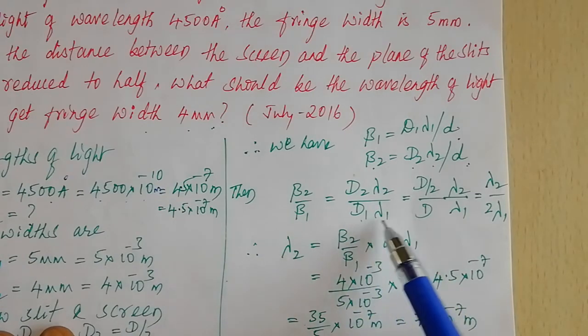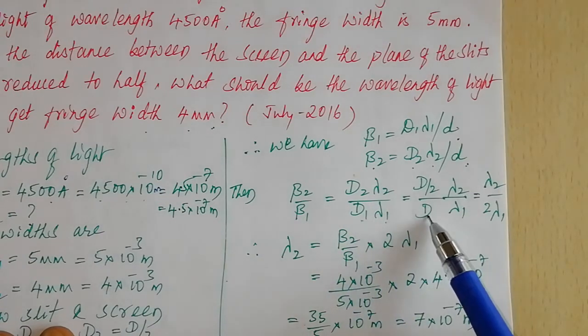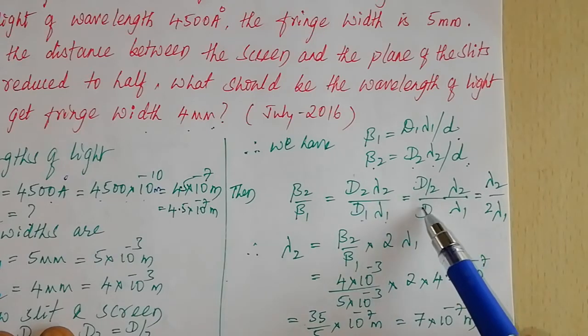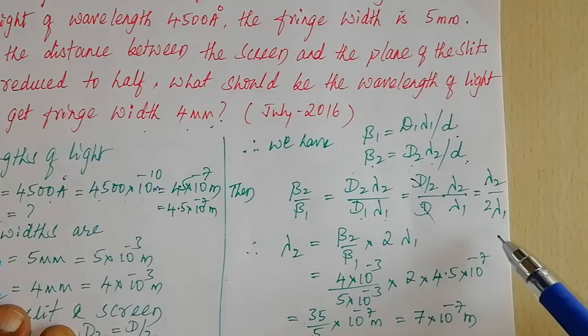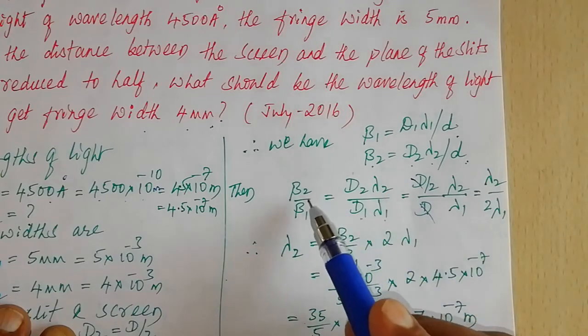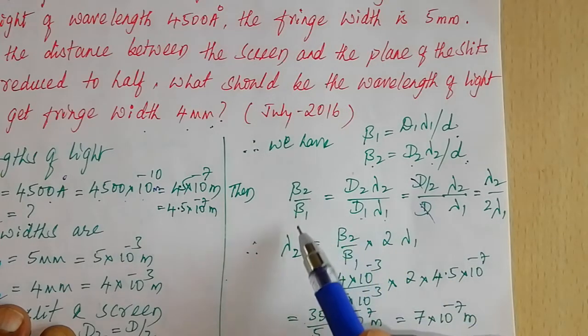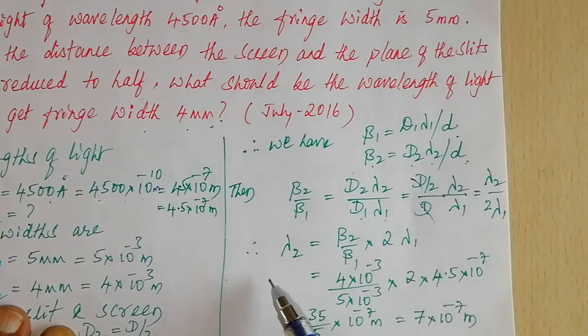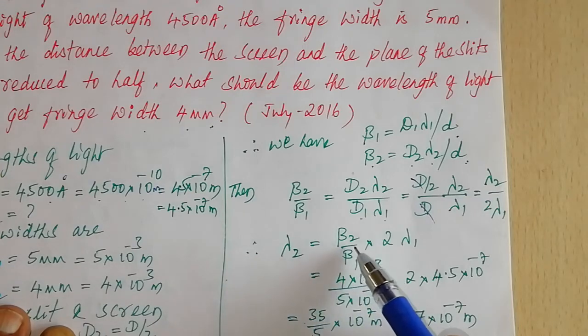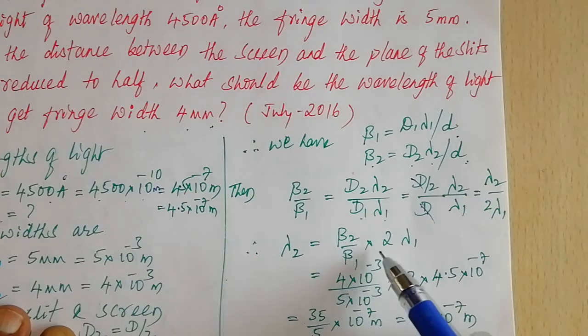Beta 1 is D1 lambda 1, D1 is equal to D. The capital D will cancel here. So it is lambda 2 by 2 lambda 1. The ratio of the widths of fringes beta 2 by beta 1 is lambda 2 divided by 2 lambda 1.